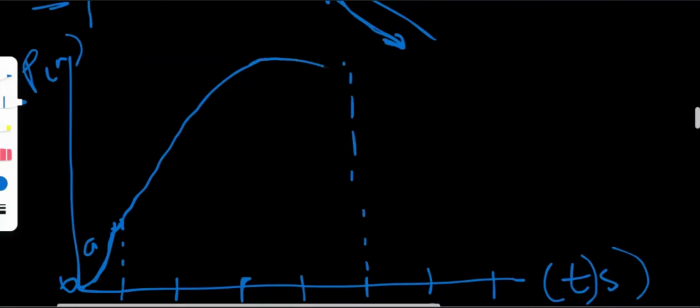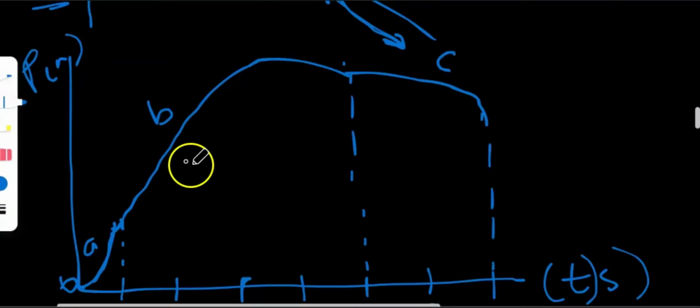Then it's now moving in a negative direction to 7. So it goes down that way to 7 seconds. So that is the position time graph for this.